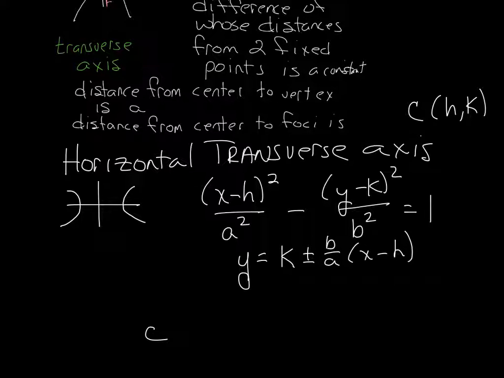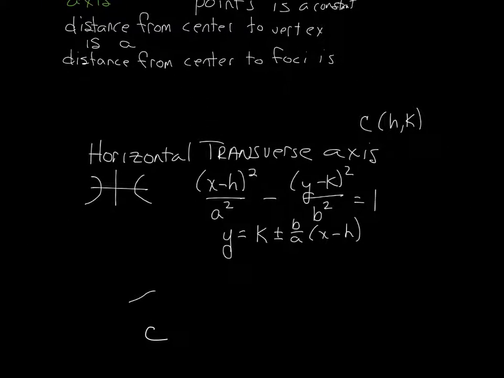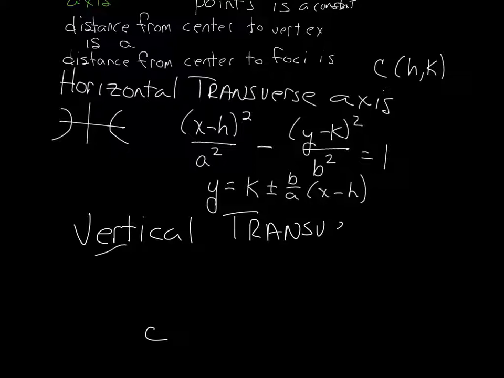All right, if we have a vertical transverse axis, that's like the one I just drew before when we first started talking about them. Again, the center is h, k.